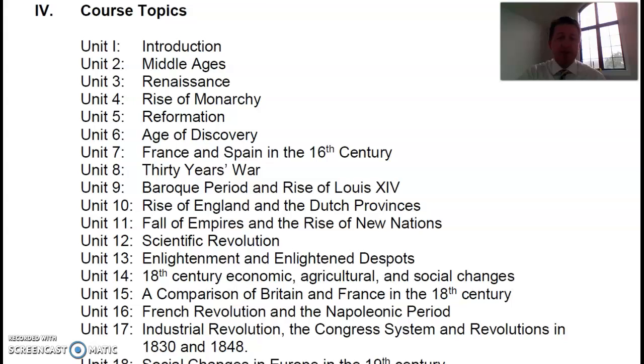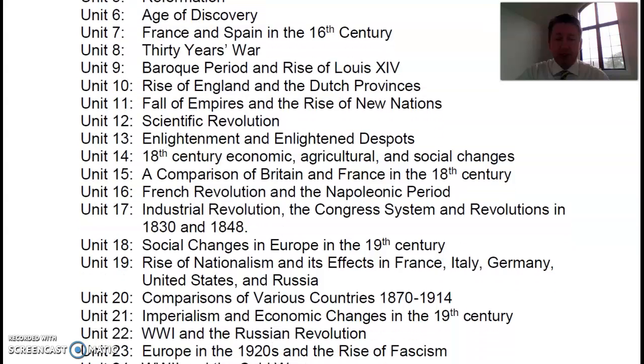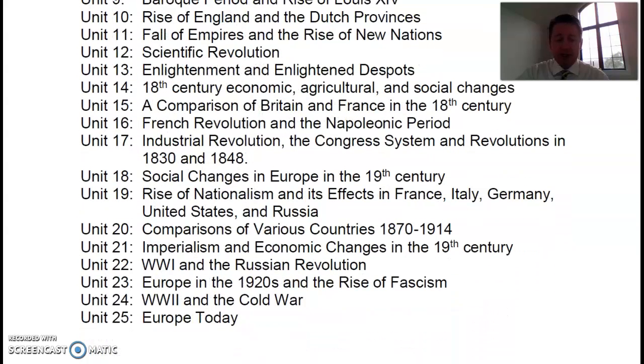From there you can see that we work our way through some of the other major periods in European history, including the Enlightenment, the French Revolution, the Industrial Revolution, the development of the Congress system, and the rise of nationalism.